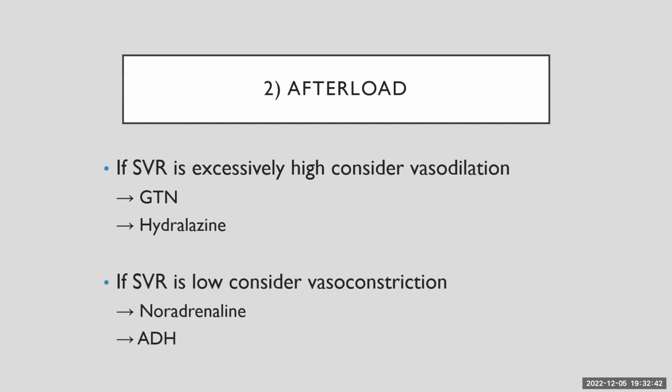So then we move on to afterload. And here I think it's important to highlight that afterload is one of the variables that can be measured by a pulmonary arterial catheter.